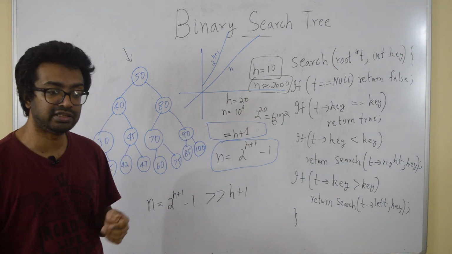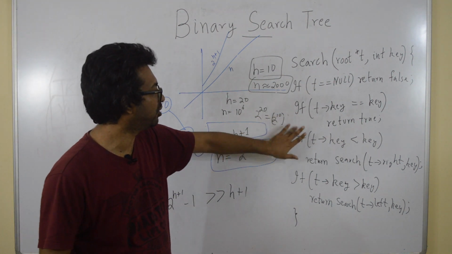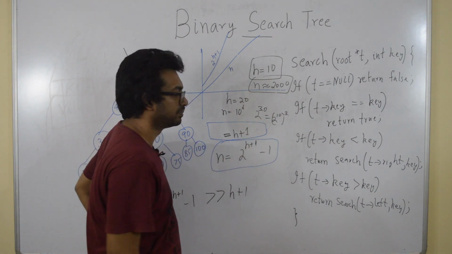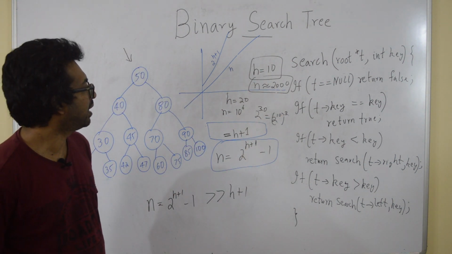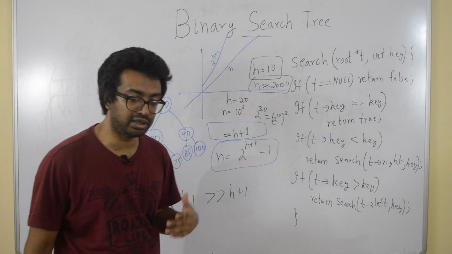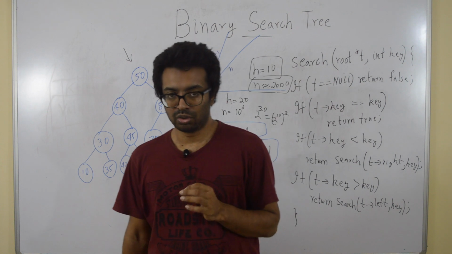What about h is 30? Then this becomes 10 cubed, and this is then 10 raised to 9, a huge number. Good.